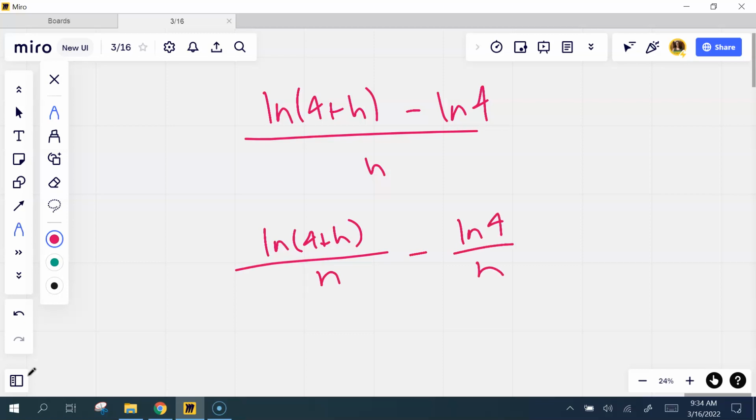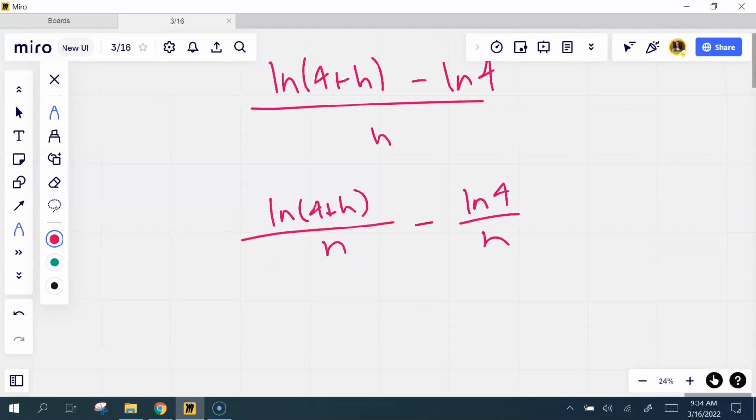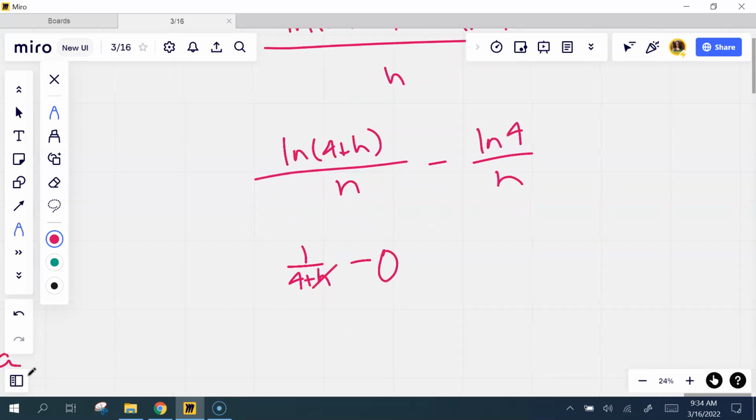Right, this is indeterminate. So I did the derivative of each one. The derivative of this is 1 over 4 plus h, over the derivative of h, which is 1, minus, this is a constant, derivative of a constant is 0. So now can you plug 0 in here? Yes, you plug 0 in for h and you get 1/4.